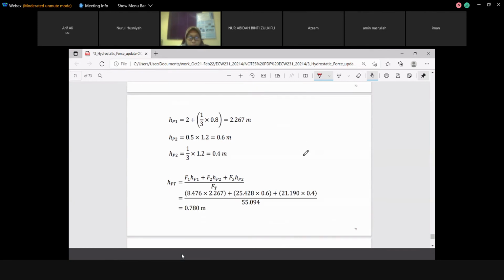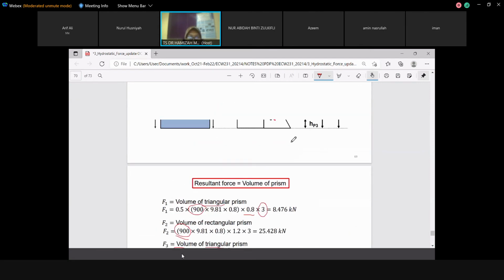Okay, and then next, we need to calculate the HP. HP ada 3 lah sebab ada 3 forces. So still remember on the conditions of the triangle. Kalau triangle kita kena bahagi dia 2/3 atau 1/3. Kan? Okay, you can see here the point. Kita tentukan center of gravity.